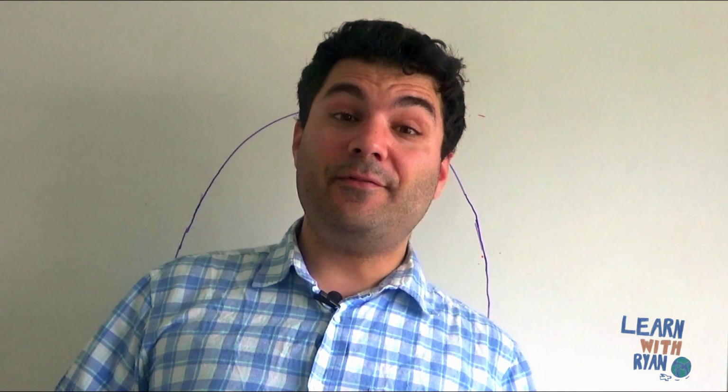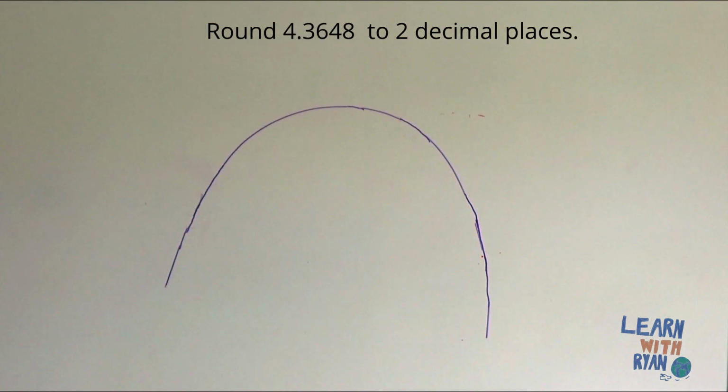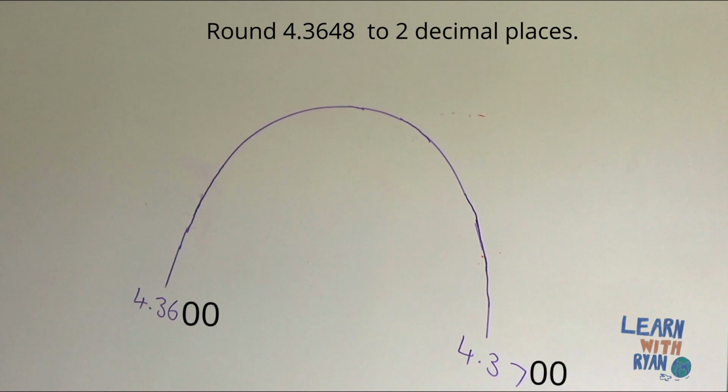So finally, let's have a look at how to round to 2 decimal places. Suppose we want to round 4.3648 to 2 decimal places. Now, because we're dealing with 2 decimal places, we need to ask ourselves if this number is closer to 4.36 or 4.37. Now, if it helps you to locate this number on our diagram, maybe add a couple of zeros at the end of 4.36 and 4.37.